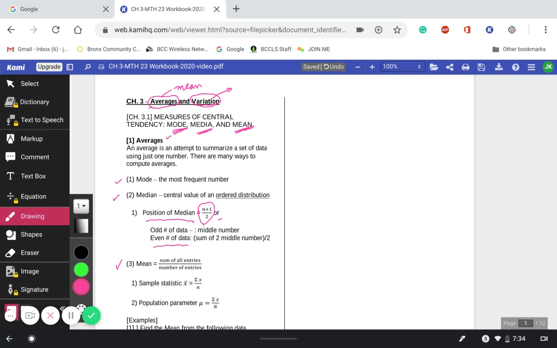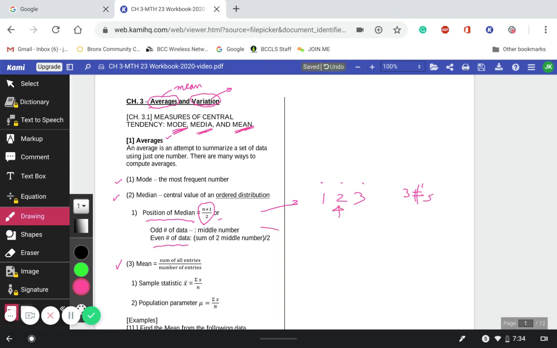After you find these two positions, you add the two middle numbers and divide by 2. A quick example: if you have 1, 2, 3, how many numbers do you have? 3 numbers. The median would be 2.